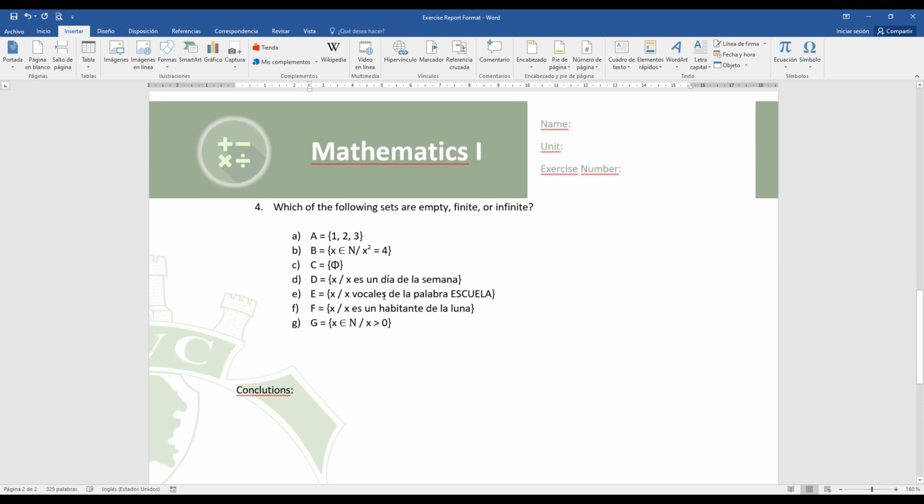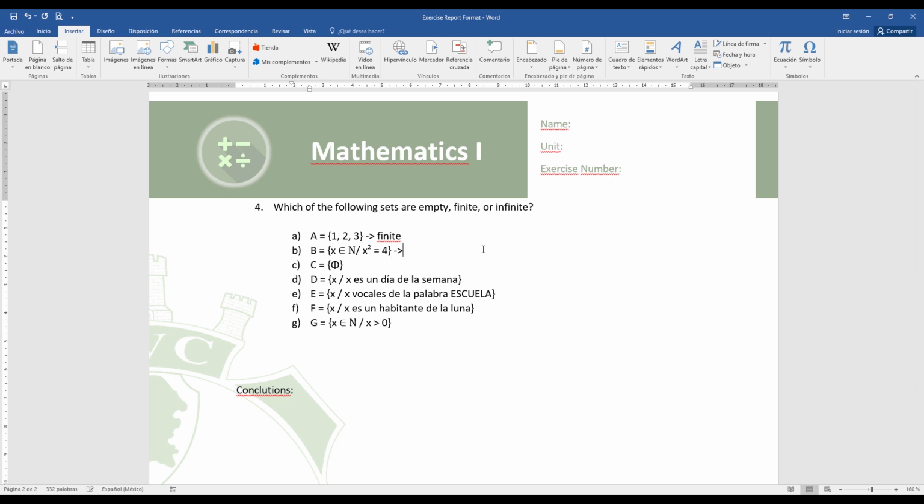And finally, which of the following sets are empty, finite, or infinite? So here, in the first case, that is finite. Why? Because it only has 3 elements.